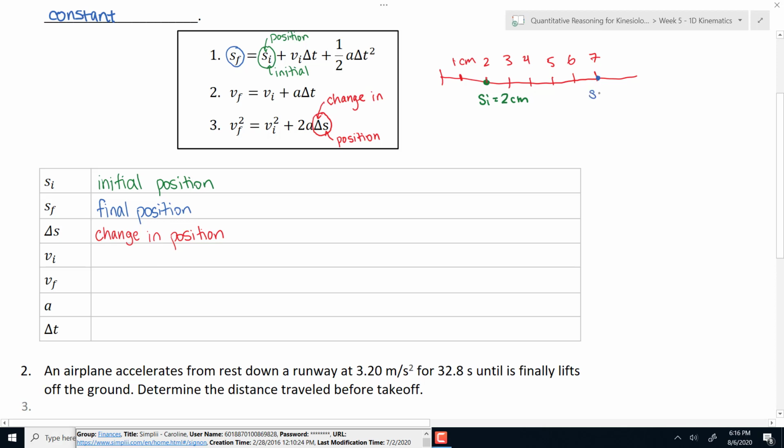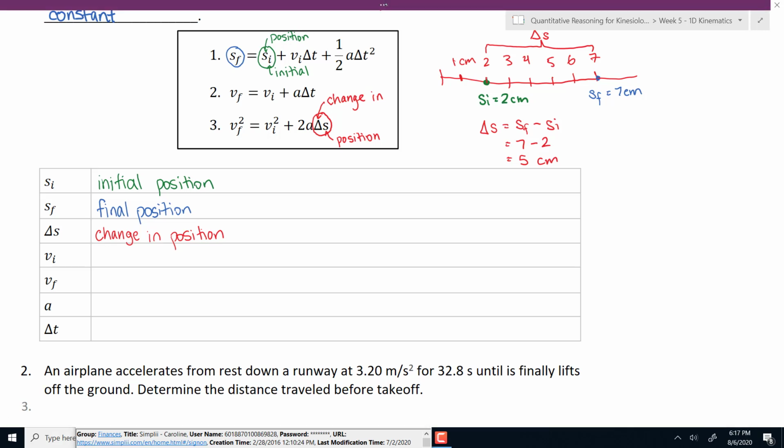That would be my S_f, so my final position is 7 centimeters. Then my change in position, what would that be? It's the distance that I've traveled, the change. So I went from 2 centimeters to 7 centimeters. So my delta S is always equal to S final minus S initial. So 7 minus 2, which is 5 centimeters. That's the distance that I traveled right here. That's my delta S. So delta S is the change in the position. How far did you actually travel?